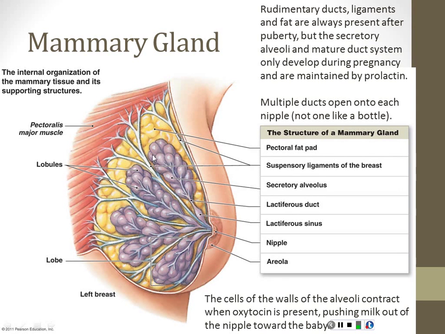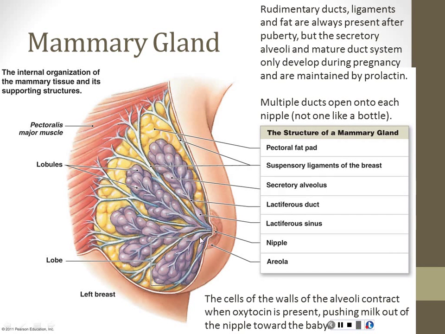So you get multiple mammary glands. Each of these would be considered a mammary gland, or the whole thing would be. So the milk is produced in these structures. There's a duct, the lactiferous duct, that connects to a sinus. Sinus is just an expansion. Just underneath the areola are lactiferous sinuses, and then multiple ducts all enter in the region around the nipple.